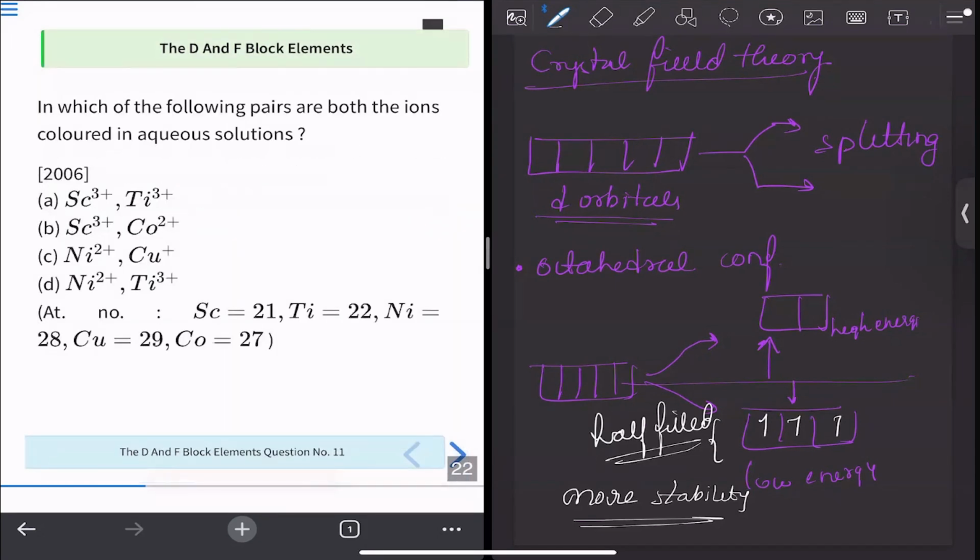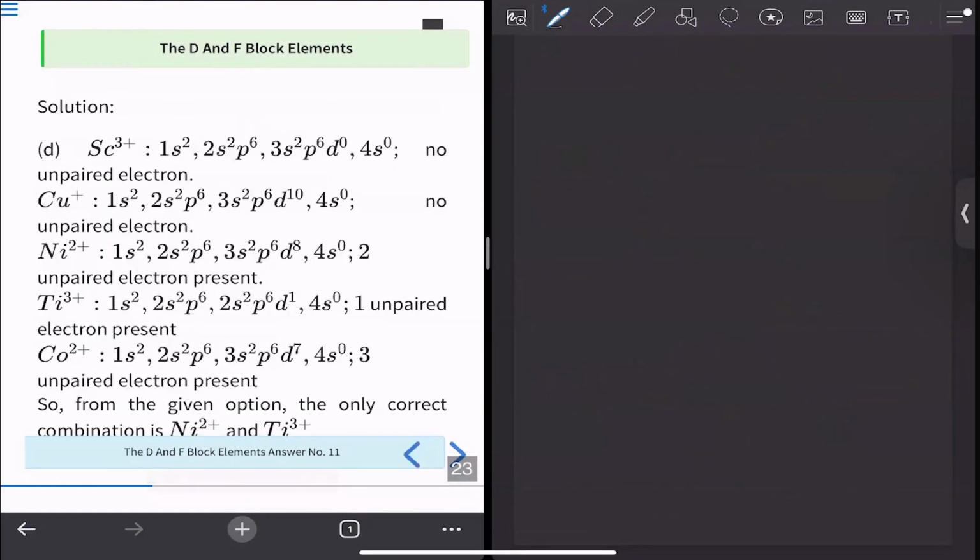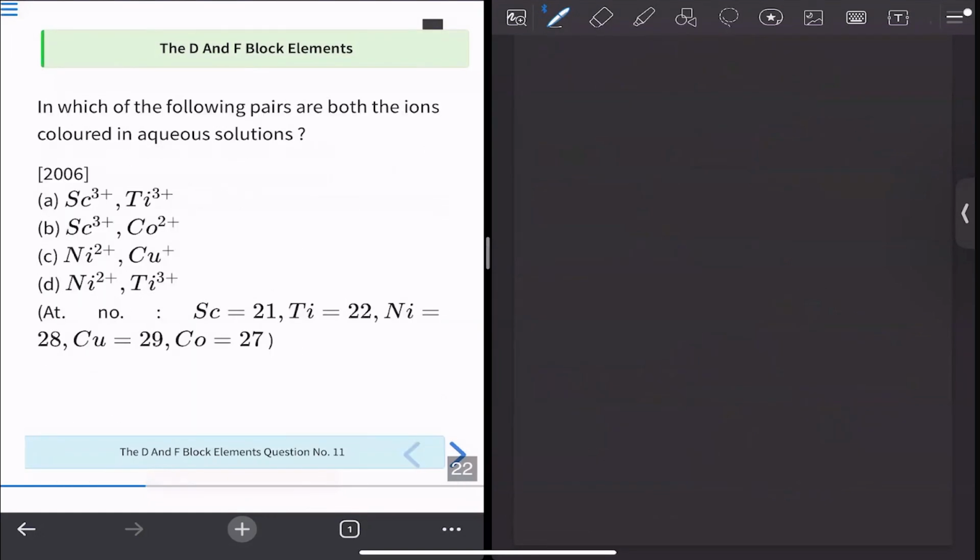So the next question is, in which of the following pairs are both the ions colored in aqueous solution? So we know that Sc, which is 21, will have 4s2 3d1.